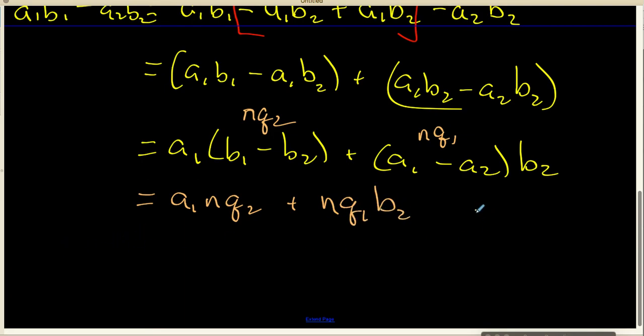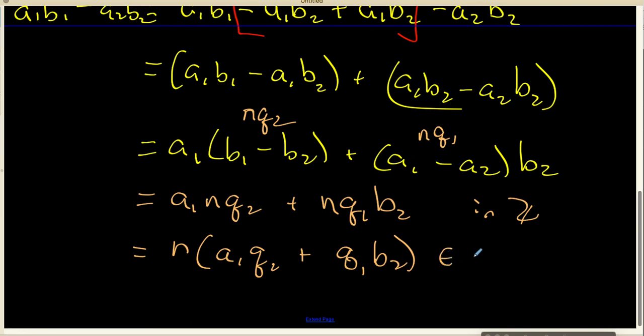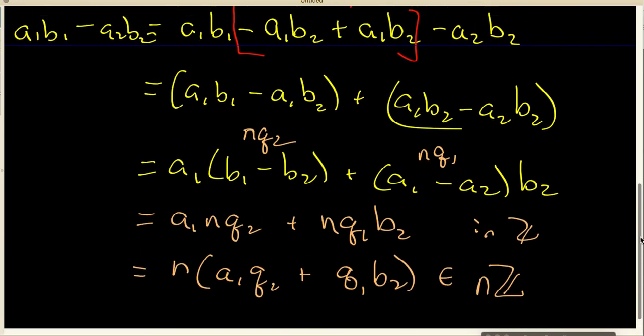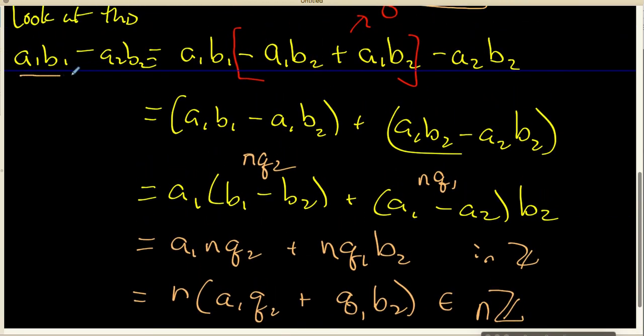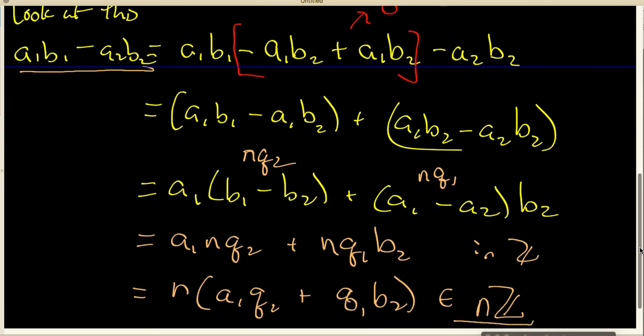And because we are inside the integers, addition and multiplication are both commutative and associative, and so we can factor the n out, and we are left with A1 times Q2 plus Q1 times B2, and that is clearly an element inside Z. So what we've actually done is we've shown that this guy here belongs to n times Z.